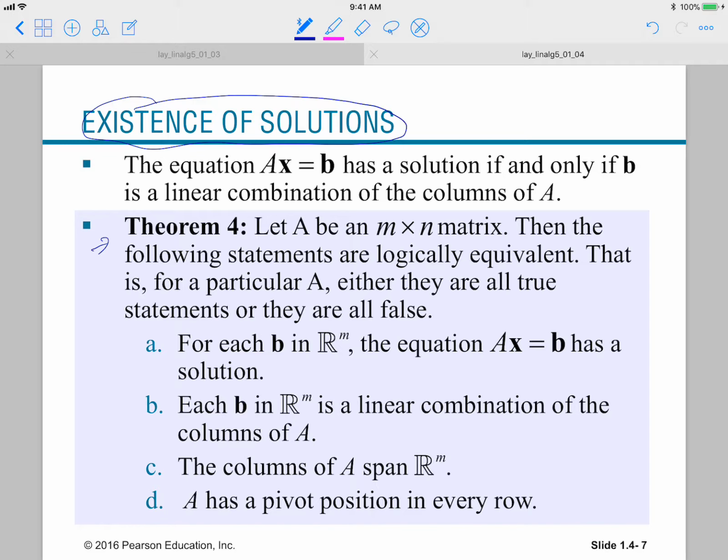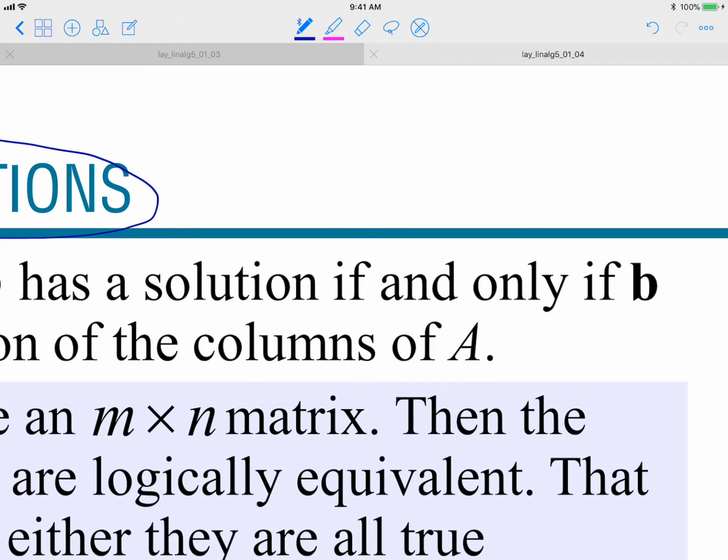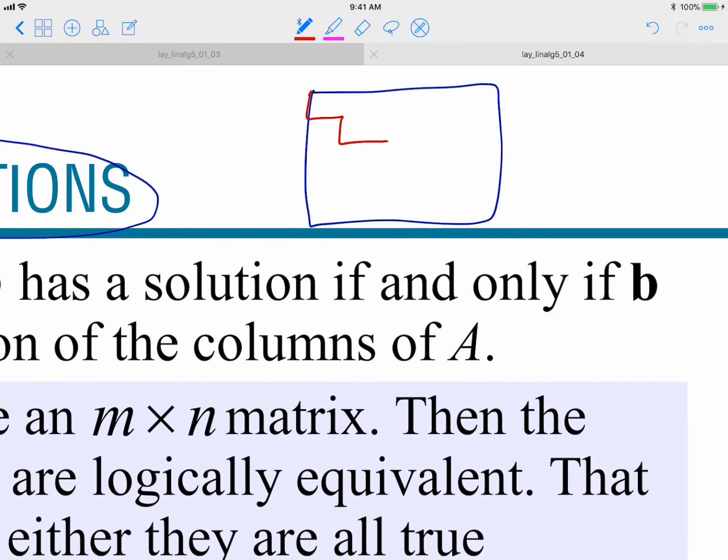But we first have to convert our matrix into echelon form, and then the first non-zero entry in each row will be called a pivot, right? Suppose we have some kind of staircase like this.